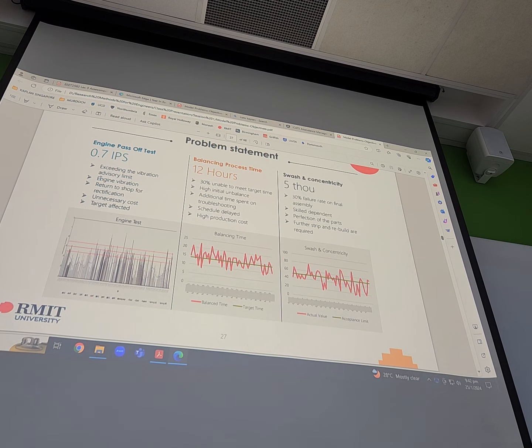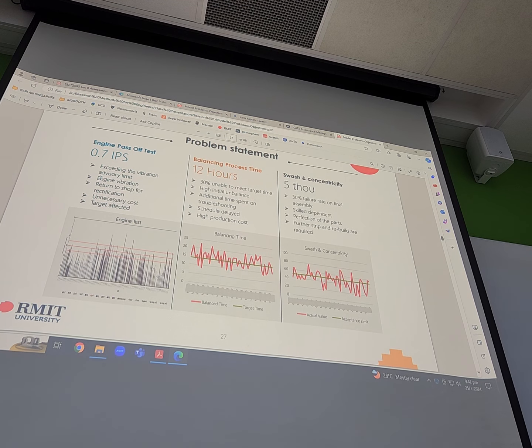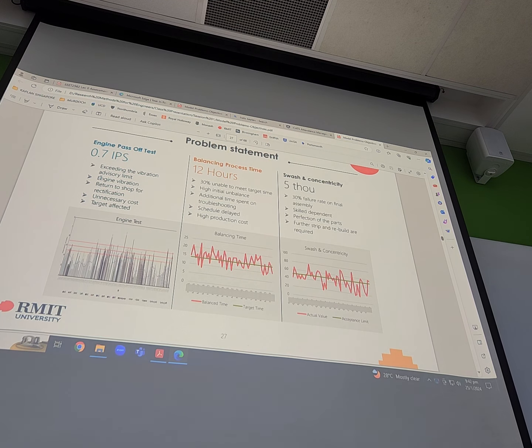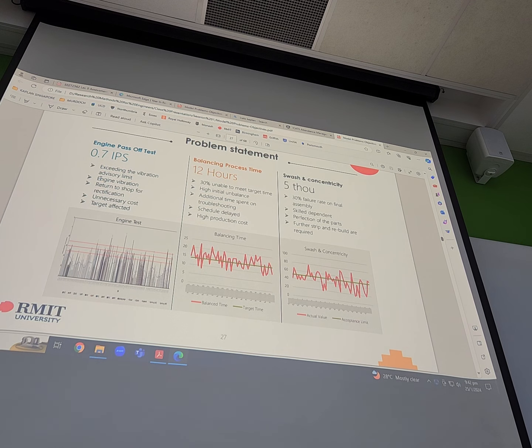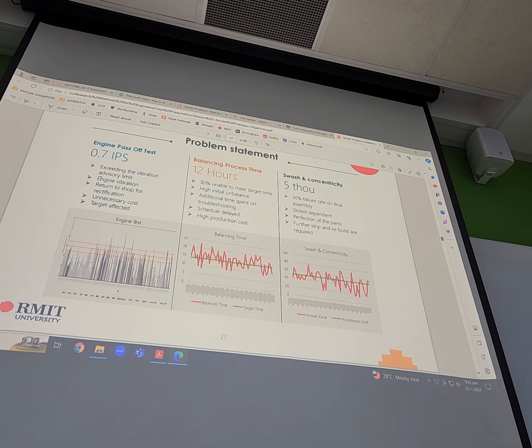Then the process time is 30% unable to meet target time. High initial imbalance, additional time spent on troubleshooting, schedule delayed, high production costs. Here, 30% failure rate on final assembly. All these things are problems related to the unbalance.